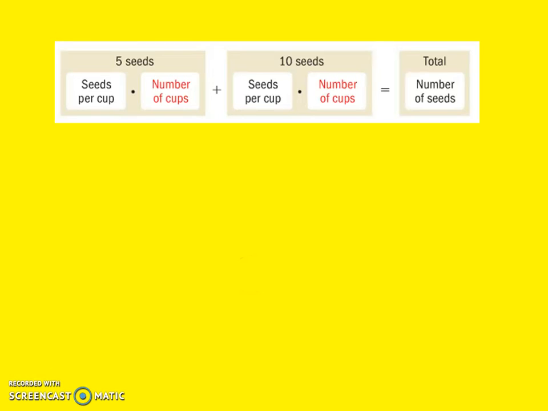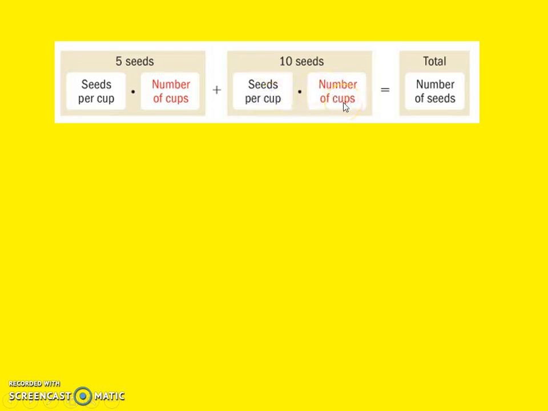So the total number of seeds is being split up among the cups that have 5 seeds in them, plus the cups that have 10 seeds. Now, for the cups that have 5 seeds, I don't know how many cups I need, but I'm going to do 5 times whatever that number is, so like 5x. Same thing over here. I don't know how many cups I have of 10 seeds, but each one has 10, so I'm going to be multiplying 10 times however many cups I have there.